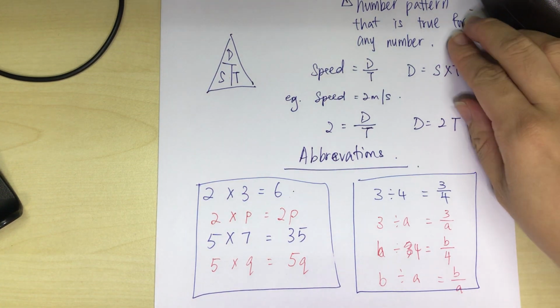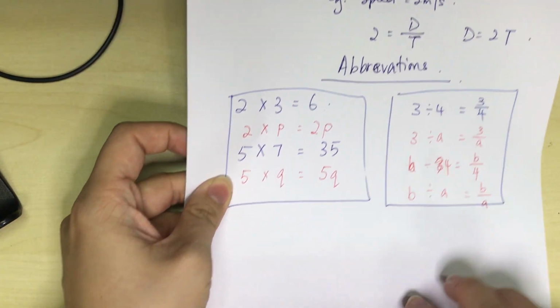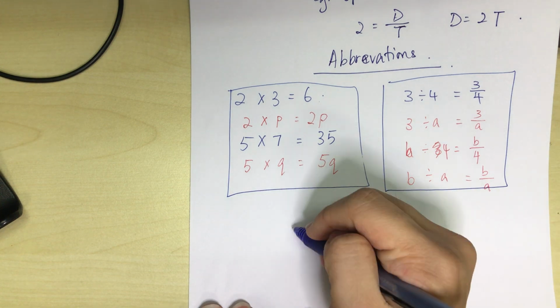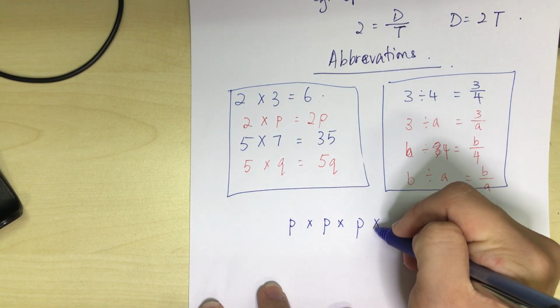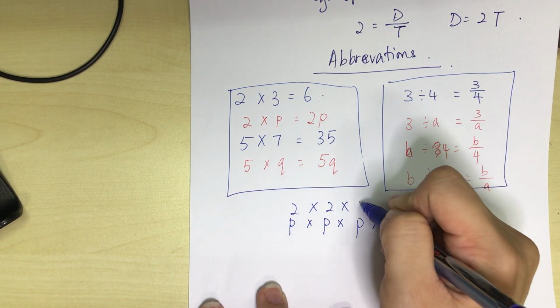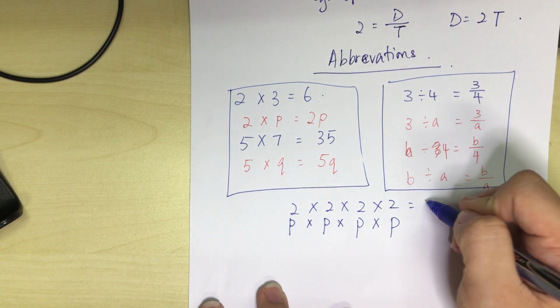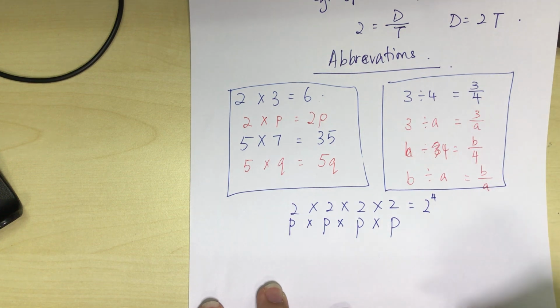Now what about this one? We also know that P times P times P times P, or 2 times 2 times 2 times 2. 2 is the number that is repeating, so we write 2. 1, 2, 3, 4. It appears 4 times, so 2 to the power 4.